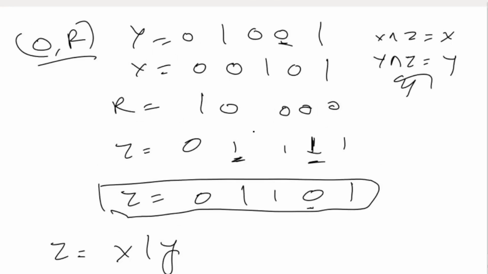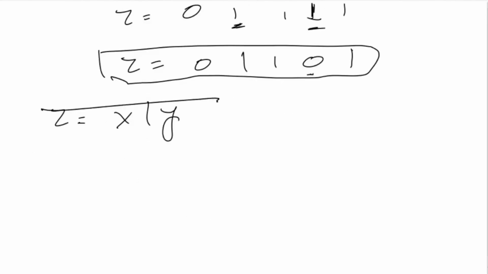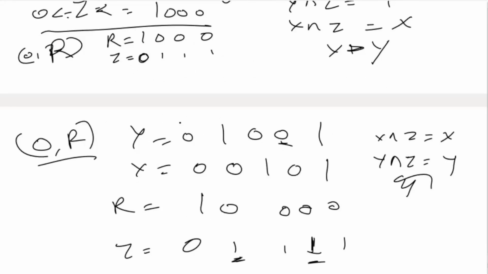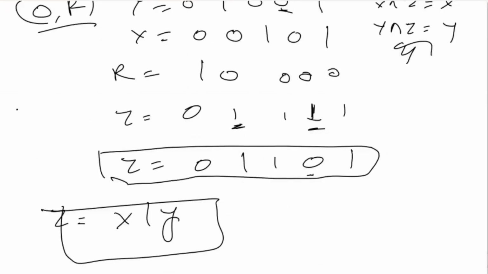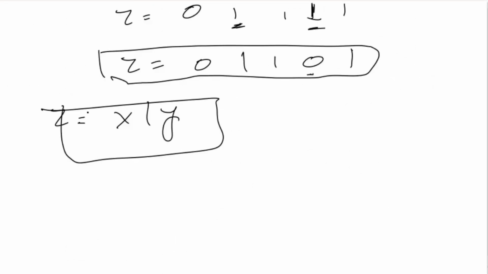So which means that Z equals X or Y. Okay, so remember this result, and this thing that if we don't choose MSB of R equal to MSB of Z, then we'll set this to 0, then we can set all the bits to 1 and our Z will be in the correct range. Okay, so now let's see the general solution for this problem.